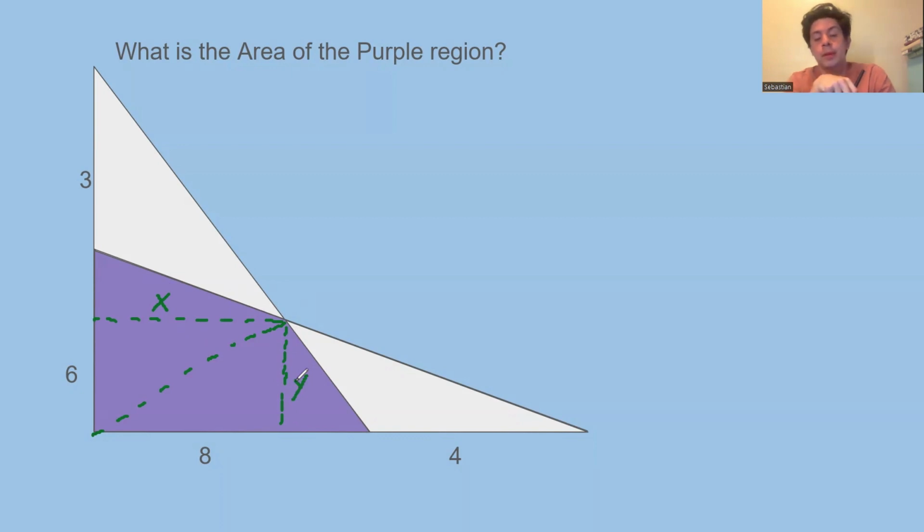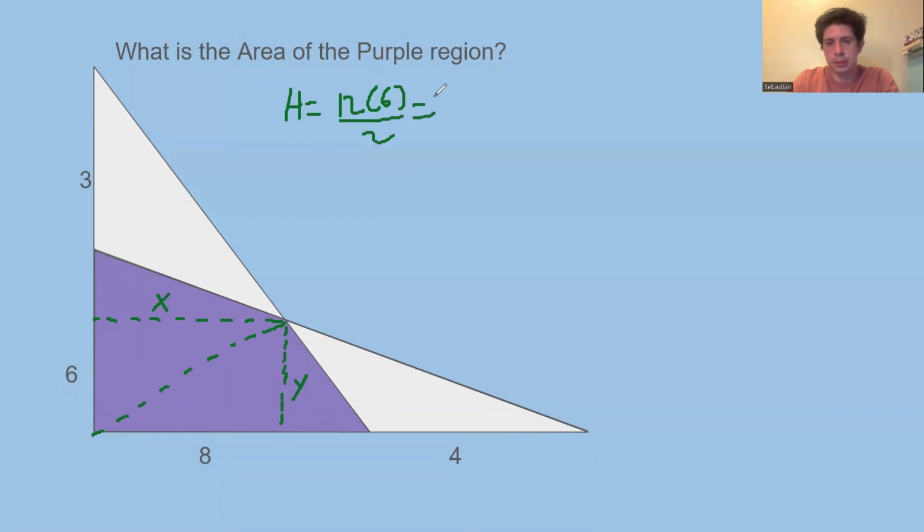Okay, so if we look at this triangle here, its area we can find. Let's call this triangle the H triangle because it's more horizontal. So H equals 1/2 base times height. So the base we could say is 12 and the height is 6. So it'd be 12 times 6 over 2.